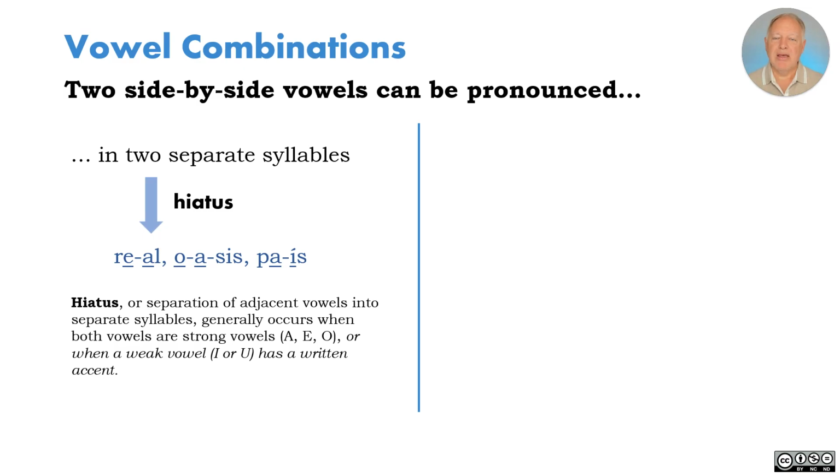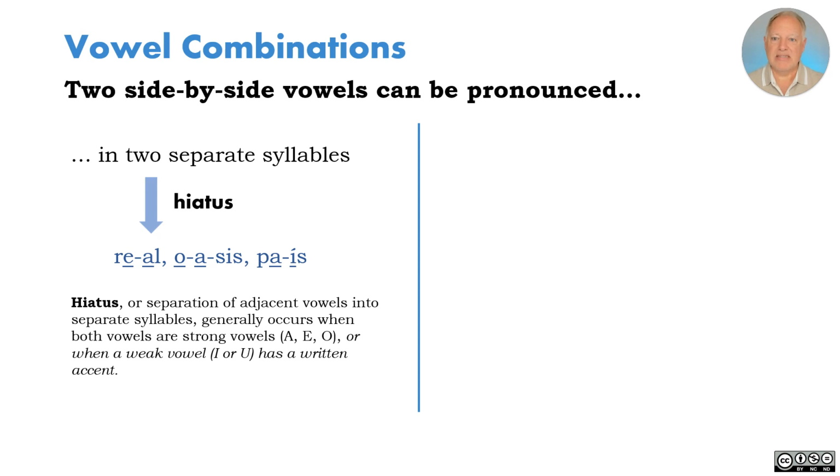So some examples, and we'll look at more, but just to reiterate this point. If we have the word real, you hear two syllables, e, a, real. That's hiatus, pronouncing that vowel combination in two distinct syllables. Another word, the word for oasis, oasis. The word has three syllables, and the first two is that vowel combination being separated.